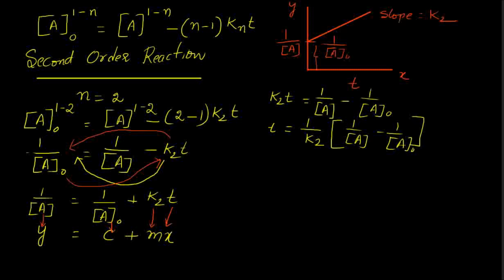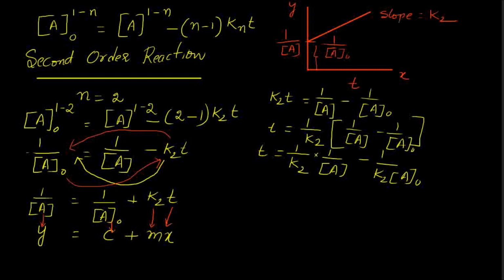Okay, so this t equals to 1 by k2 multiplied with 1 by a minus 1 by a naught. Here 1 by k2 into 1 by a minus 1 by k2 a naught.